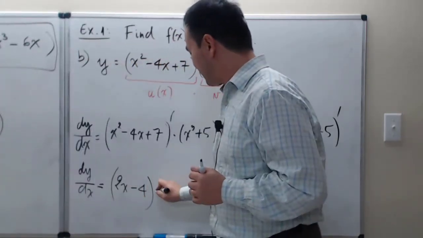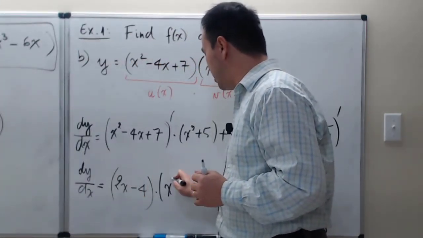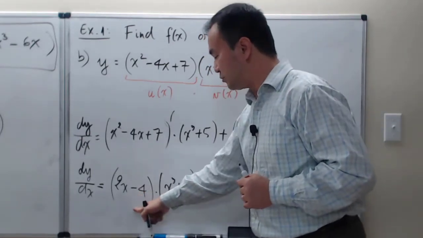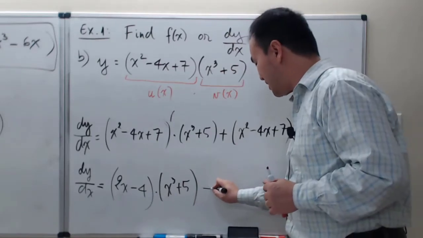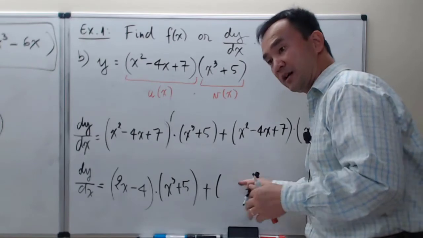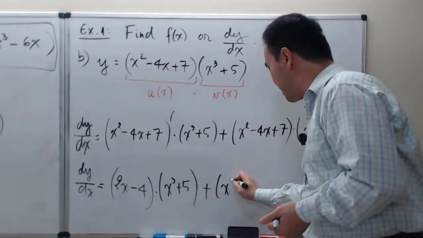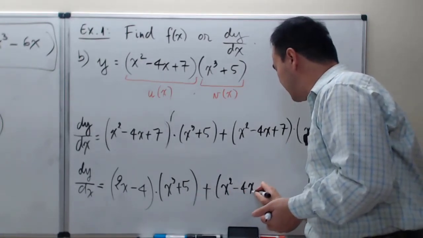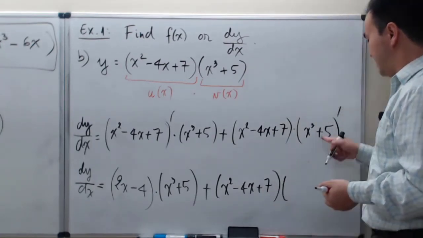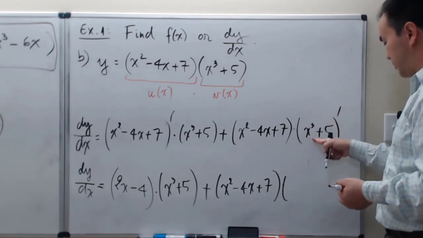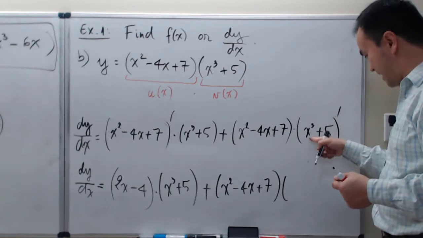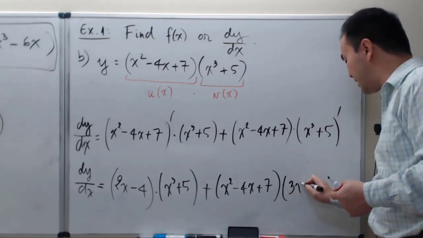And multiply with x cubed plus 5. Okay, so that's u prime times v plus, and now I'm going to keep u the same because it's u times v prime. So x squared minus 4x plus 7, multiply, and now in this derivative, two terms are here, sum rule applies, and then that constant goes to 0, and that becomes 3x squared.